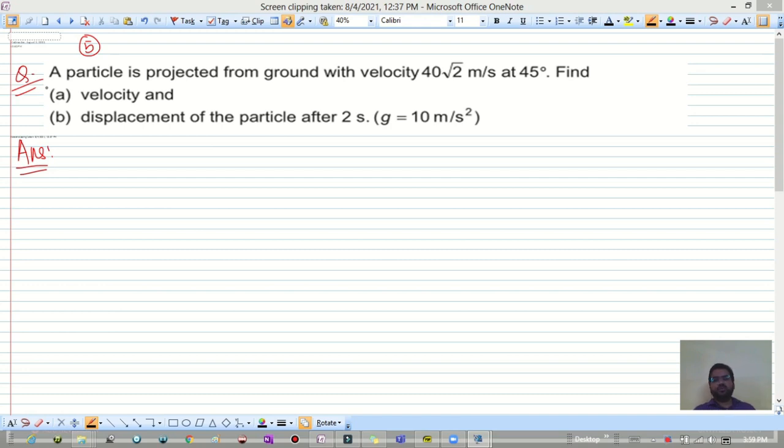Now this is the fifth question, and in this a particle is projected from ground with velocity 40 root 2 meter per second at 45 degree. Find velocity and displacement of particle after 2 seconds.